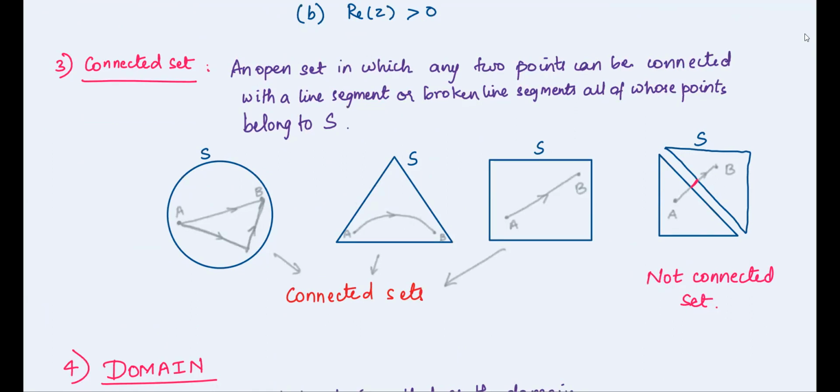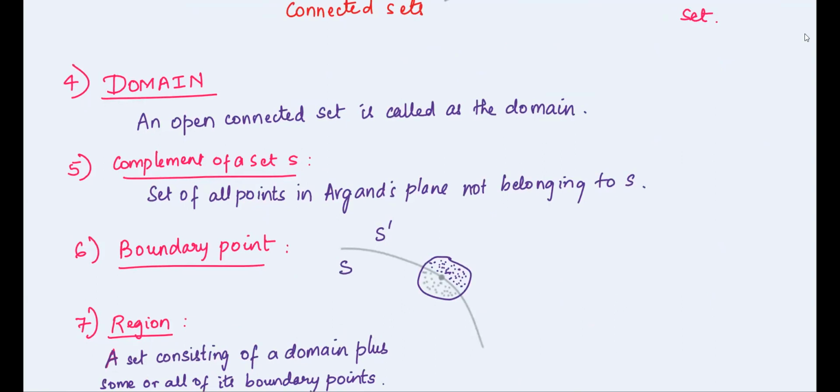If between 2 points, you can always join by a line or a curve, all of the points on the line or the curve belong to the set S, then that particular set is called a connected set. So we showed examples of connected set and not connected set. Then domain. Domain is an open connected set. That is how domain is defined.